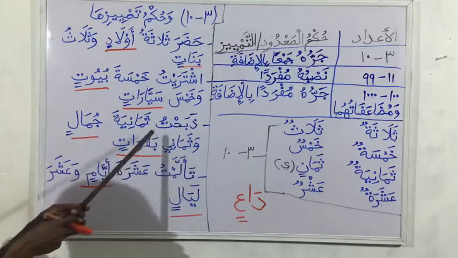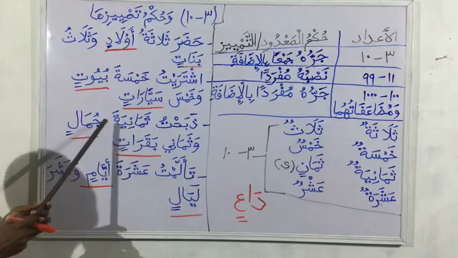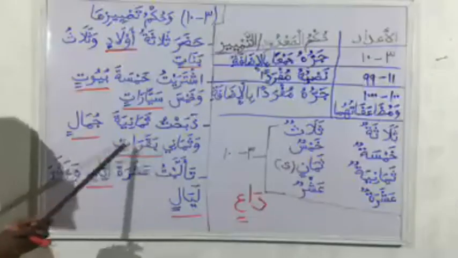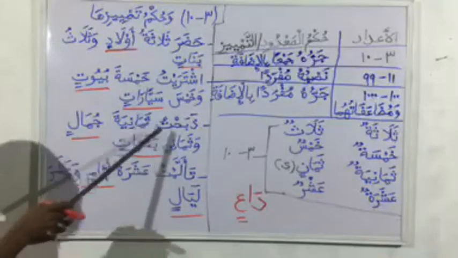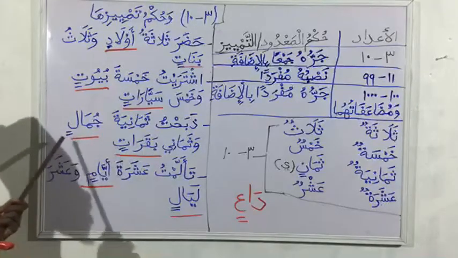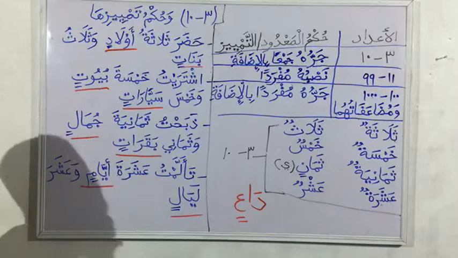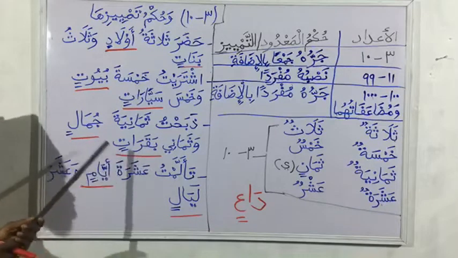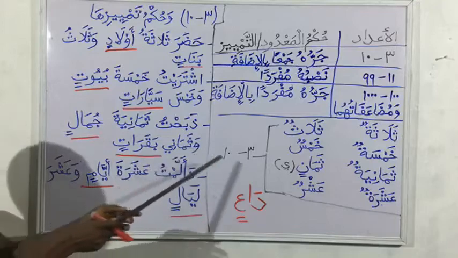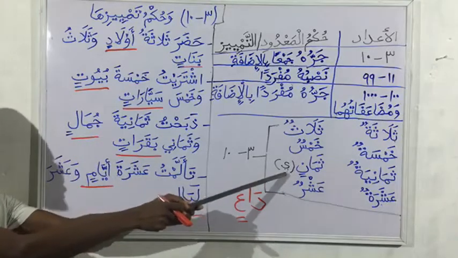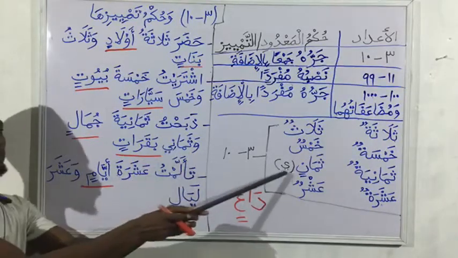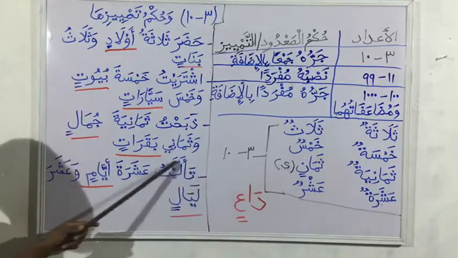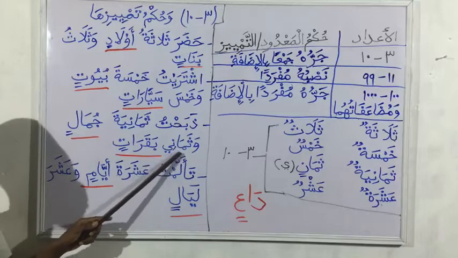Then the next one, zabahtu samaniyata jumalin wa samani baqaratin. Samaniyata, I slaughtered 8 camels, jamalun, jumal, wa samani baqaratun, baqarat. So what I said earlier about the monkus rule for samani, that the ya will come out when it comes in idofa.